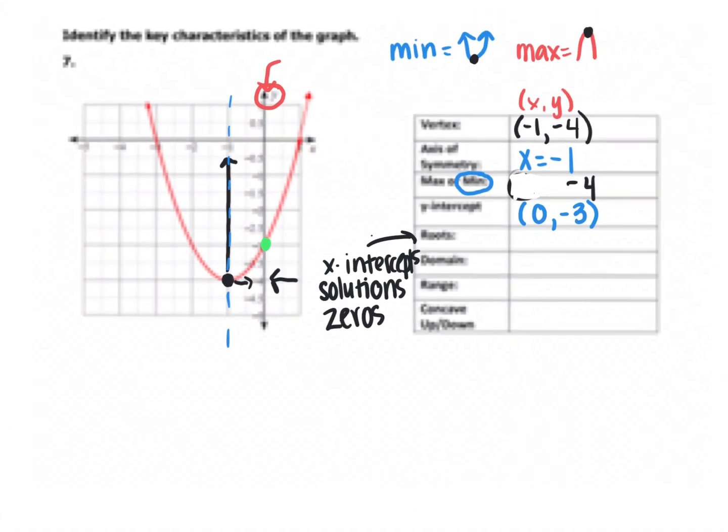So we need to go to my x-axis and see where my parabola crosses my x-axis. Well, here's one of them. That's at 1. Crosses at 1. And then if I keep going across, it also crosses here at -3. So I'm going to say 1 and -3.